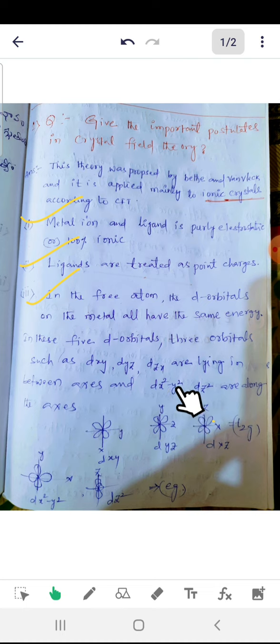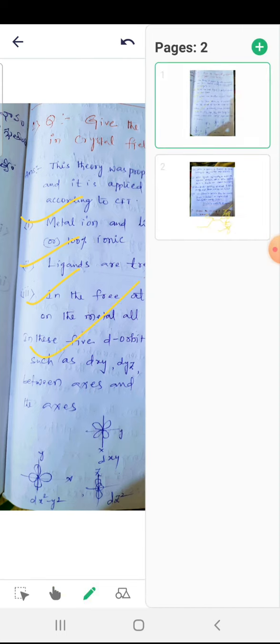That point you have to remember: these 3 orbitals are the t2g orbitals. The remaining 2 orbitals, dx square minus y square and dz square, lie along the axes. These are the postulates.